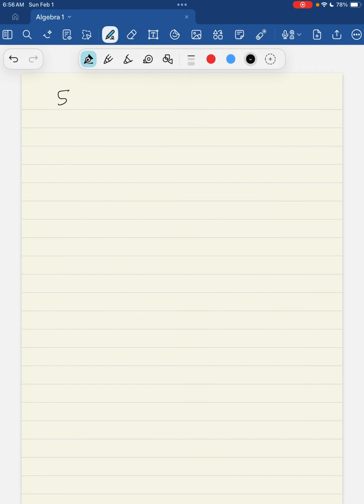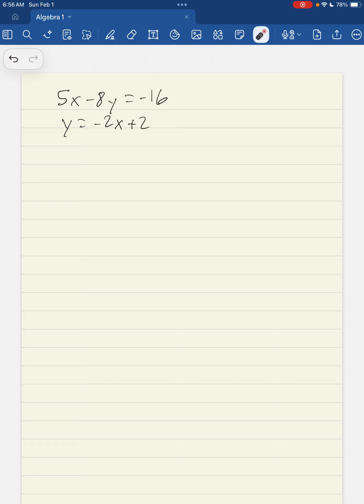Let me do one more with you guys. Let's go 5x minus 8y equals negative 16. And y equals negative 2x plus 2. Right away, we can see y is by itself here. So we know we're going to substitute this whole expression in for y so that we can isolate our x.